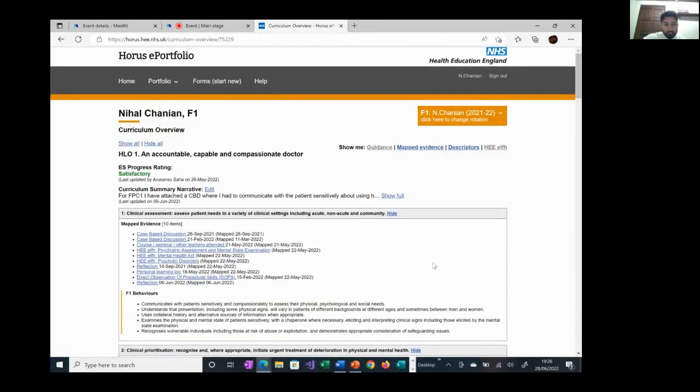So this is FPC1. Assess patient needs in a variety of clinical settings, including acute, non-acute, and community. And these are the things you need to demonstrate within FPC1. So communicating with patients sensitively and compassionately to assess their physical, psychological, and social needs. Again, for this you can map a CBD of a history or an examination.